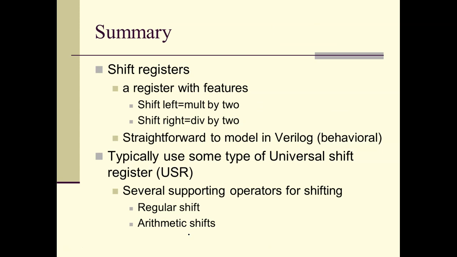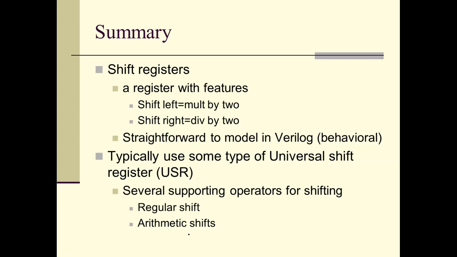So in summary, shift registers retain all the features of registers like loading, clearing, all that fancy stuff, but they do other things such as shift left and shift right. Shift left 1-bit position is a classic multiply by 2. Shift right is a classic divide by 2. Once again, these shift operations are very straightforward to model in Verilog using behavioral modeling, and typically we don't really just design a shift register.